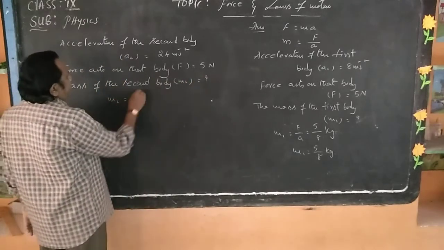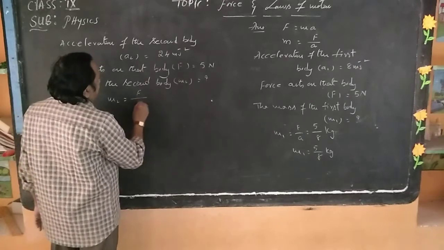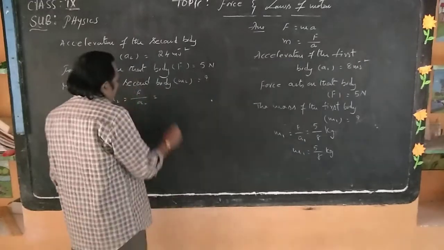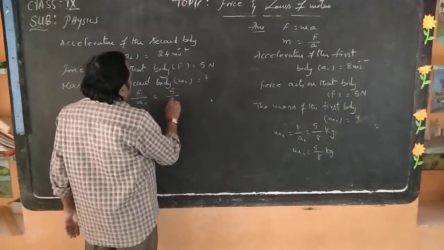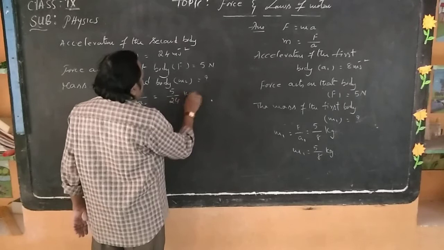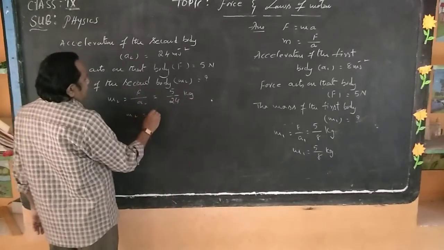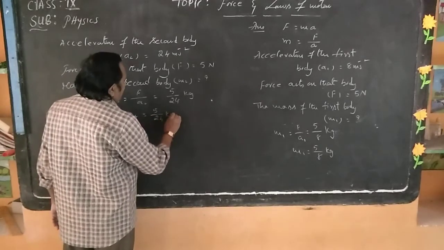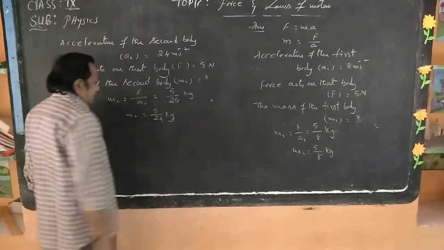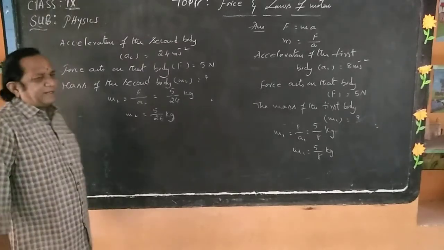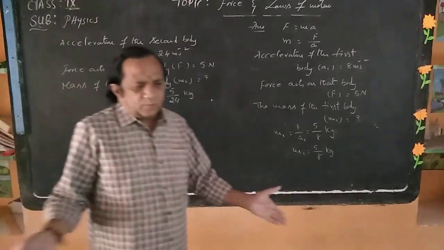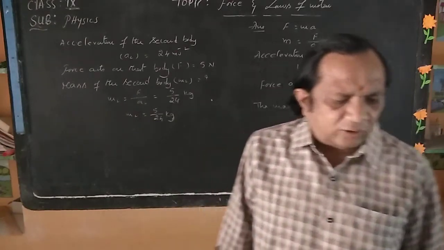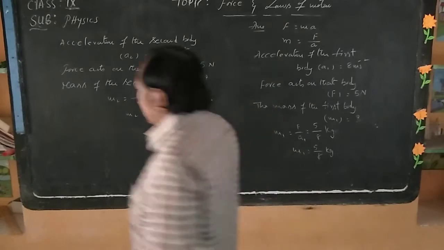Same application. m2 is equal to F by A2, that is equal to 5 by 24 kilograms. Now, both masses are tied together. Both will be combined together, so now the total mass.